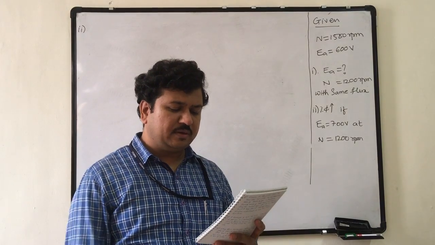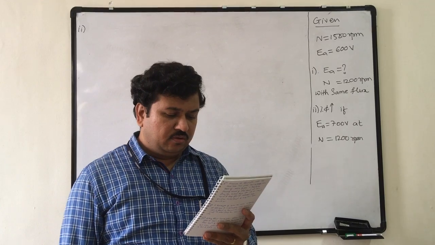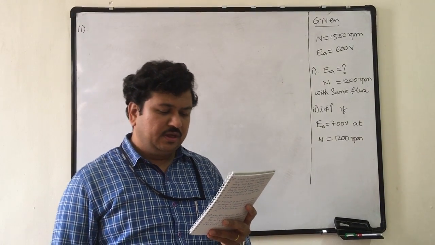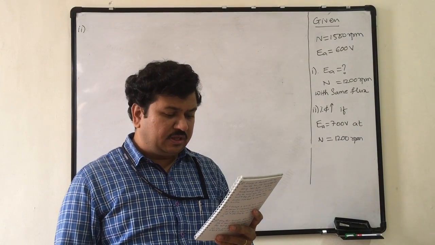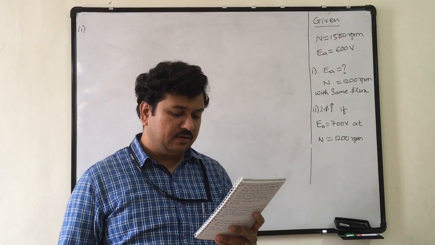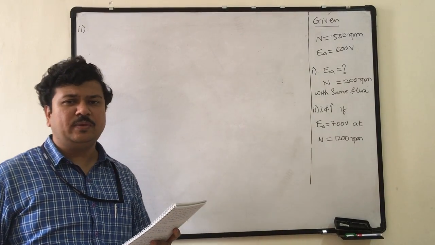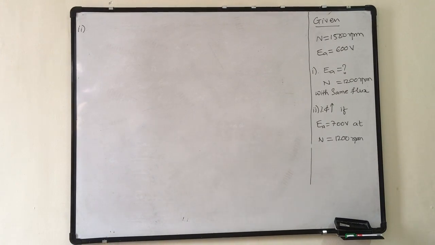What is the generated EMF if winding is lap connected and armature speed is increased by 20%?